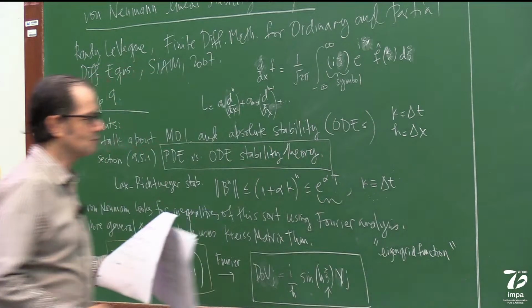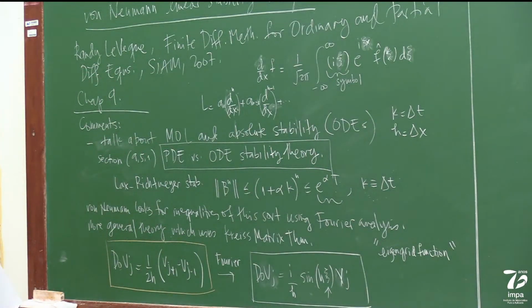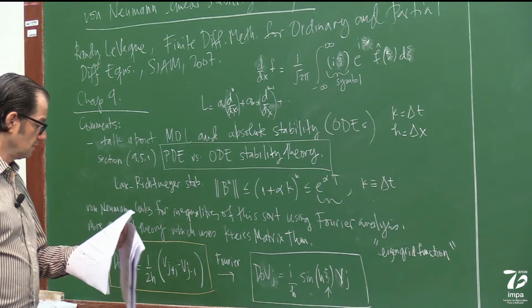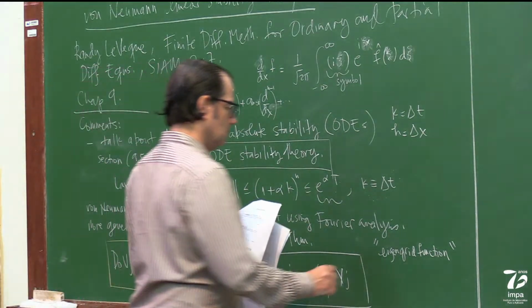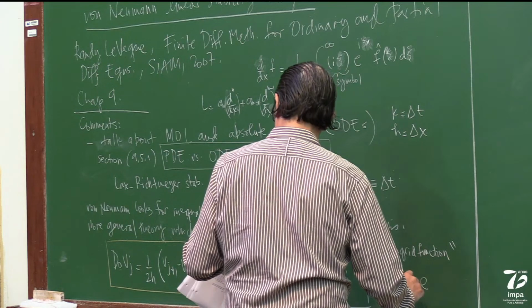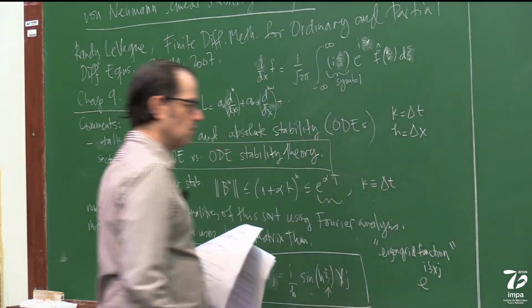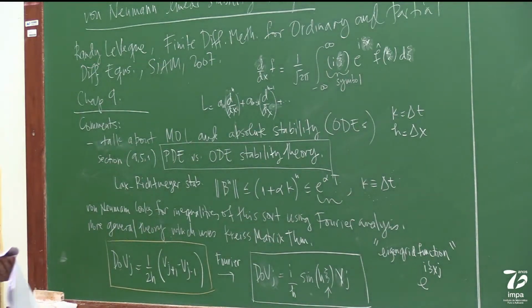What I was going to say is that he puts an eigen grid function, which would basically be e to the i xi x_j. Do you see why?